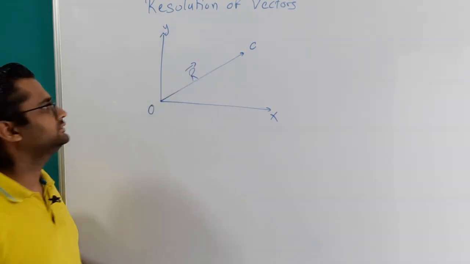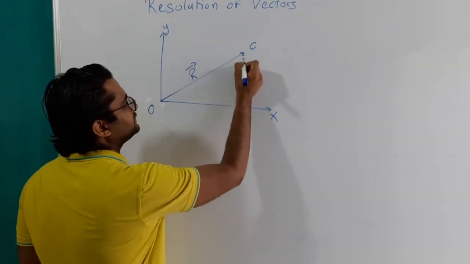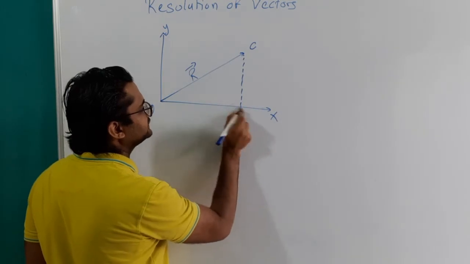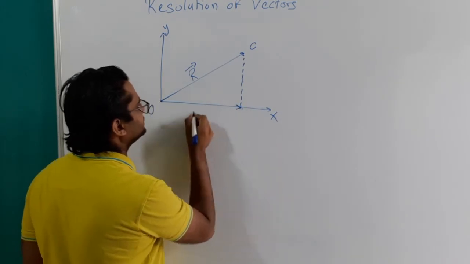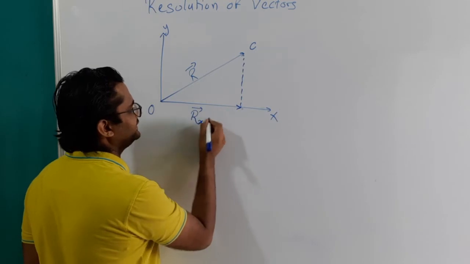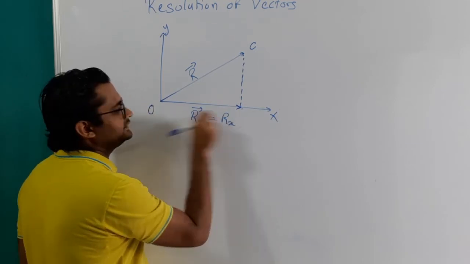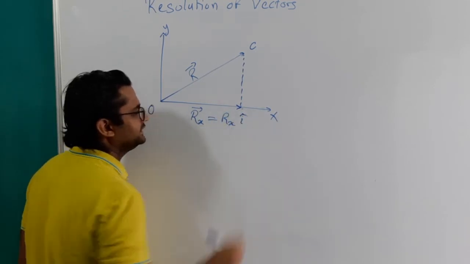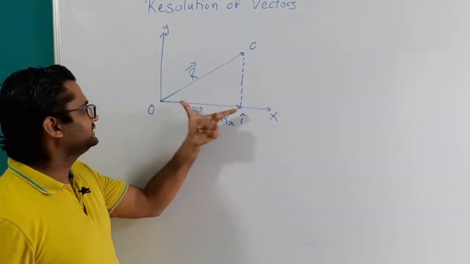So if I draw a perpendicular from this point on the x-axis, I will get this kind of vector, which is the Rx vector. Since it is in the x direction, we can write it as Rx i cap, where this length is Rx.